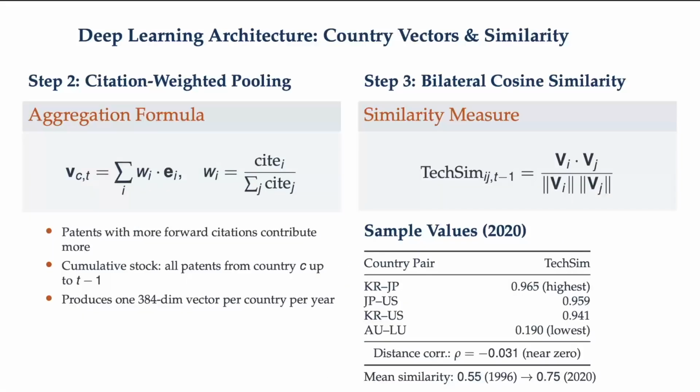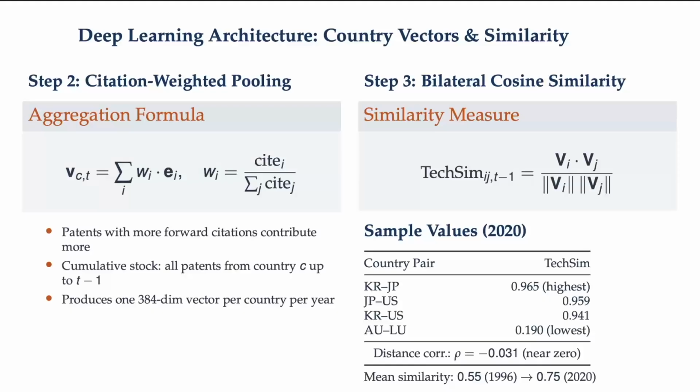Once I had E_i from the previous process, using the citation-weighted pooling method, I generate the vector of a country at a specific time. So that is citation weighted. The formula is V_{c,t}, country and time, is a summation of w_i times E_i, which is generated from the previous process.